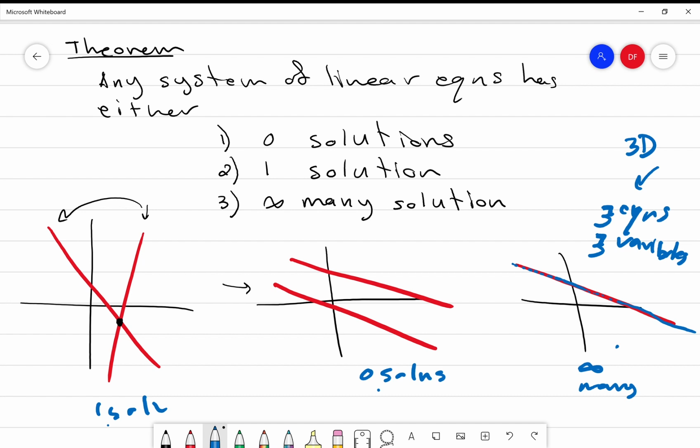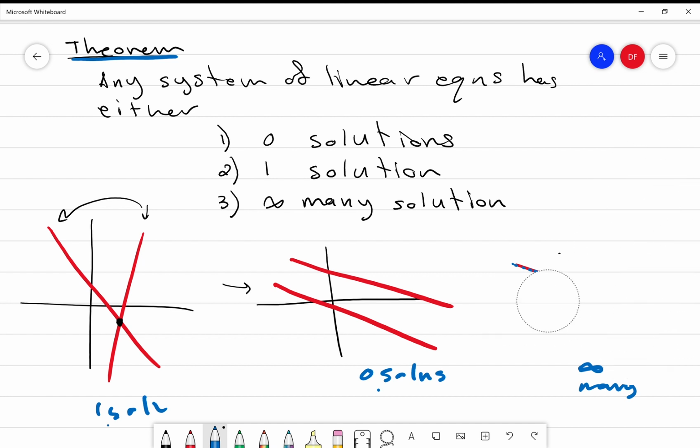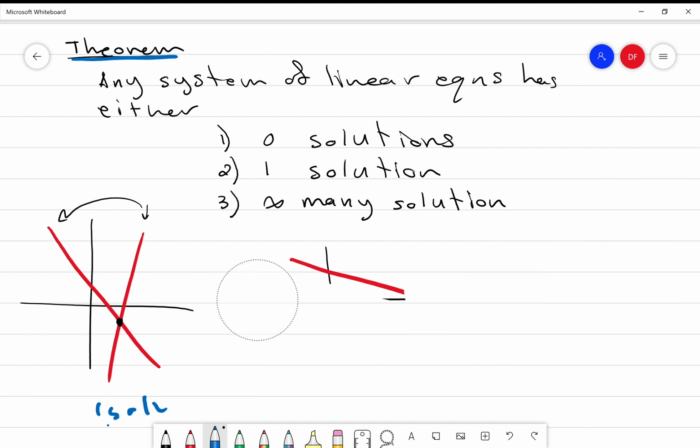But the idea is that this theorem works for any system of linear equations, whether it's three equations, two variables, three equations, 2 million equations, 5 million variables, right? And you may ask, oh, that's ridiculous. Why would we have such a system of linear equations? Well, actually, systems of linear equations that are very large like that have applications in engineering and economics. And we'll see examples of that too in the book as we continue.